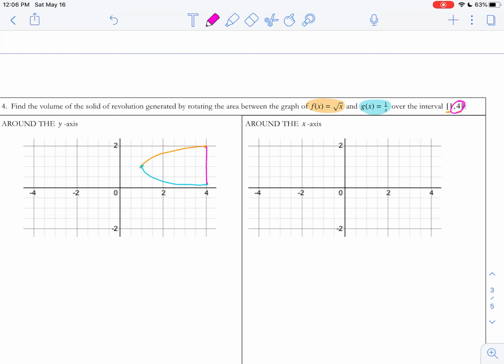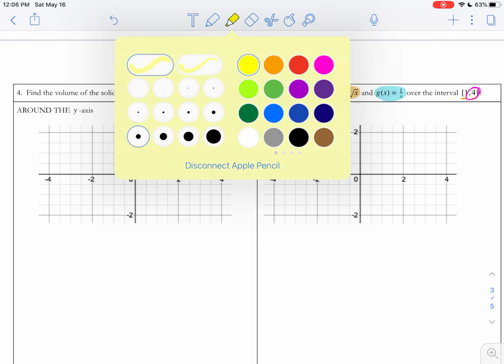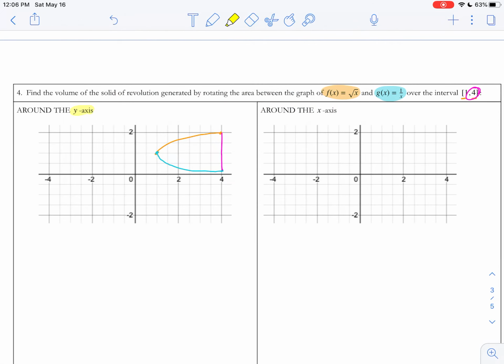All right, so now I've got this shape, and I'm going to think about what it looks like when I revolve it around the y-axis. So my axis of revolution is right here.